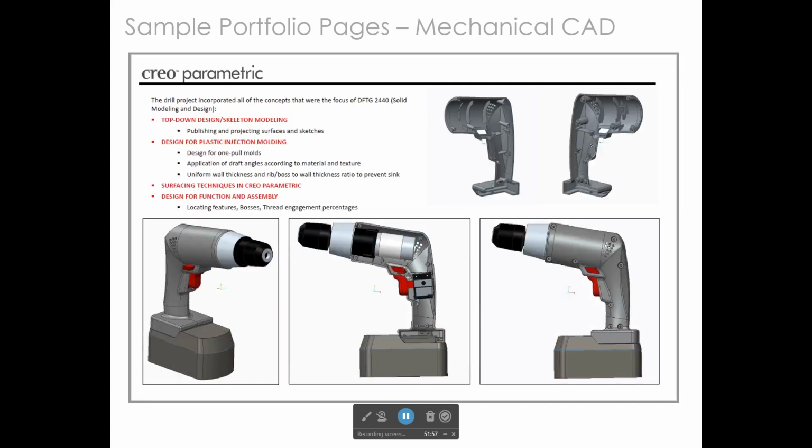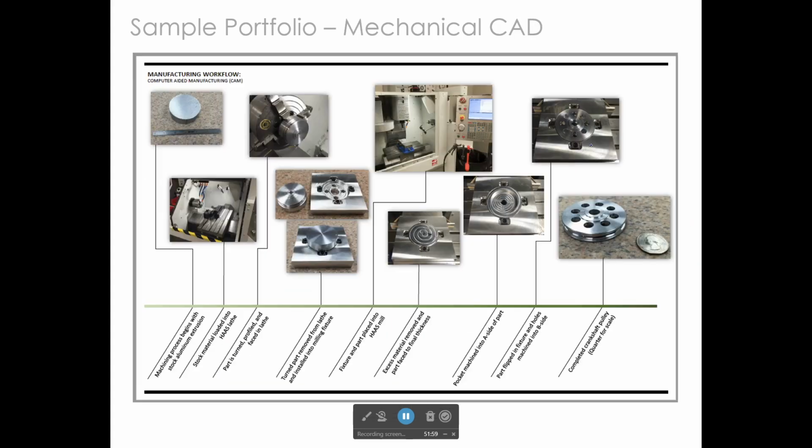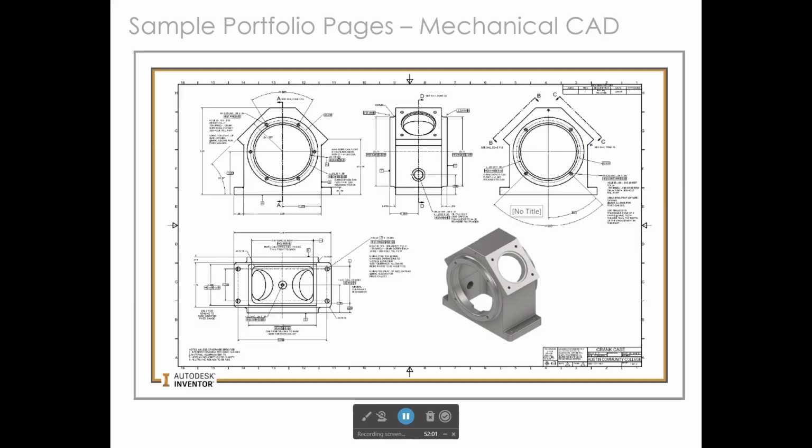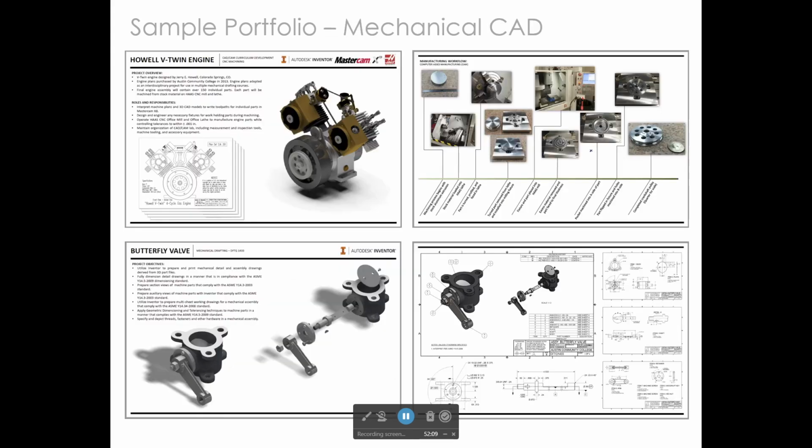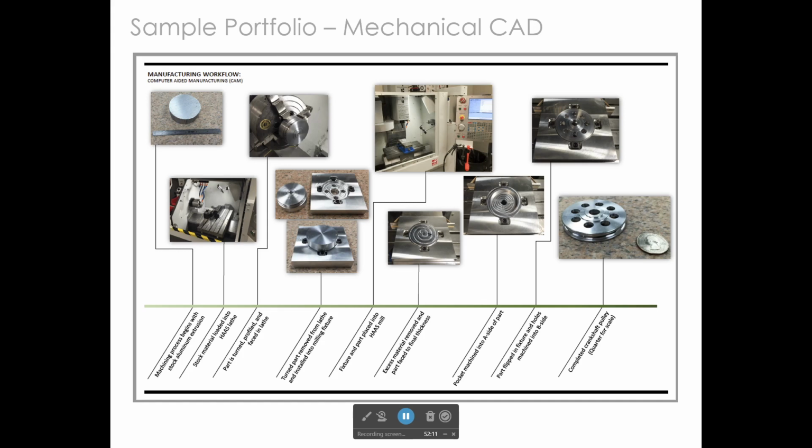These are examples of portfolio work from our mechanical students. So you can see what it is you would take out to show an employer. And I'll show you this particular student right here. We teach computer-aided manufacturing. We use CNC mills and lathes and things like that to make parts.